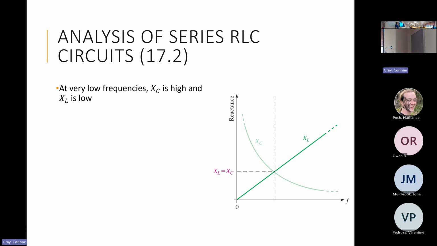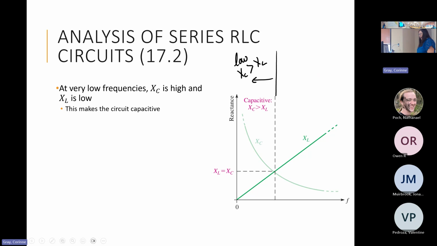So that's basically comparing this lighter line to this dark one here. So at low frequencies, which is anything that happens over here, and that will be circuit dependent, that is going to be where XC is greater than XL. That is our capacitive circuit space.